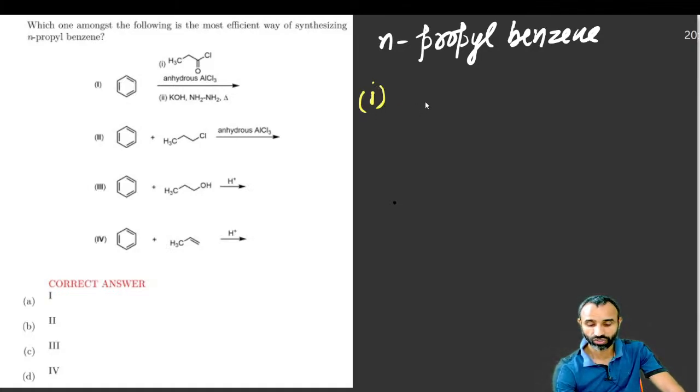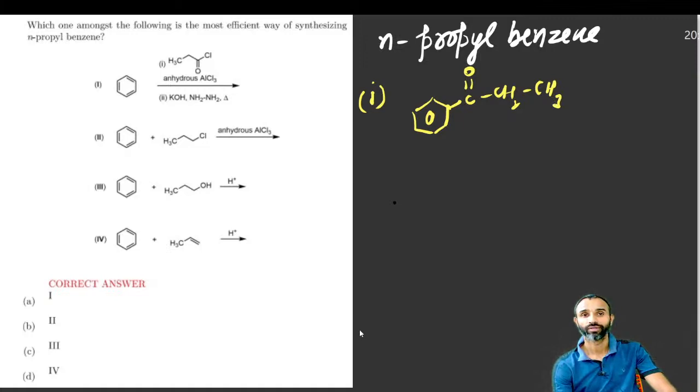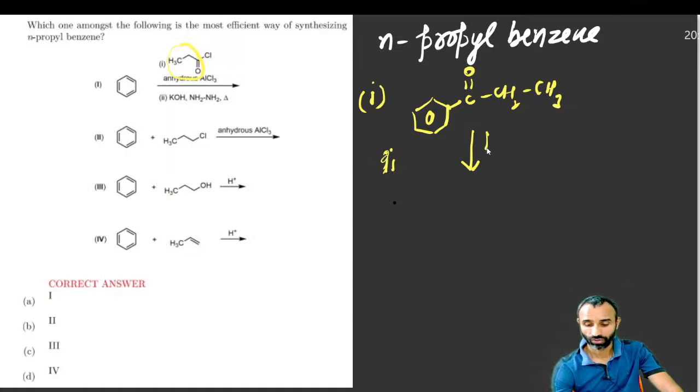When benzene is treated with this propanoyl chloride, Cl is removed and it becomes CO, CH2, CH3, because this whole part is attached to benzene, since it is Friedel-Crafts acylation. Now it is Wolff-Kishner reduction because we have KOH and hydrazine.